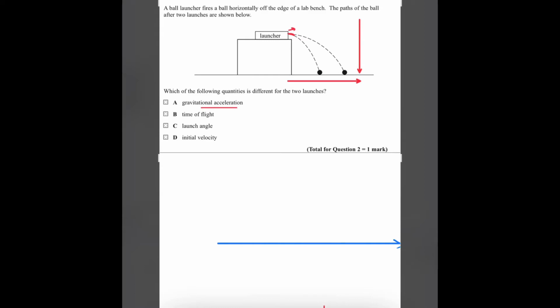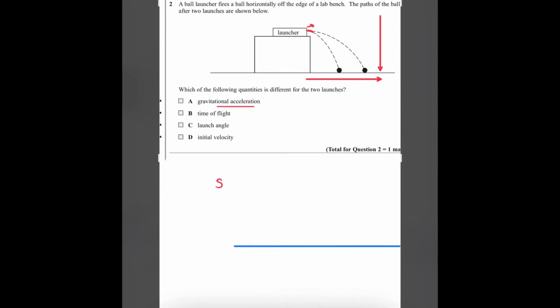Time of flight. The time of flight is really important. We can use S equals ut plus half at squared, right? If we consider only the vertical components, initially the vertical component of the velocity is 0. So u is 0. So S equals half at squared.